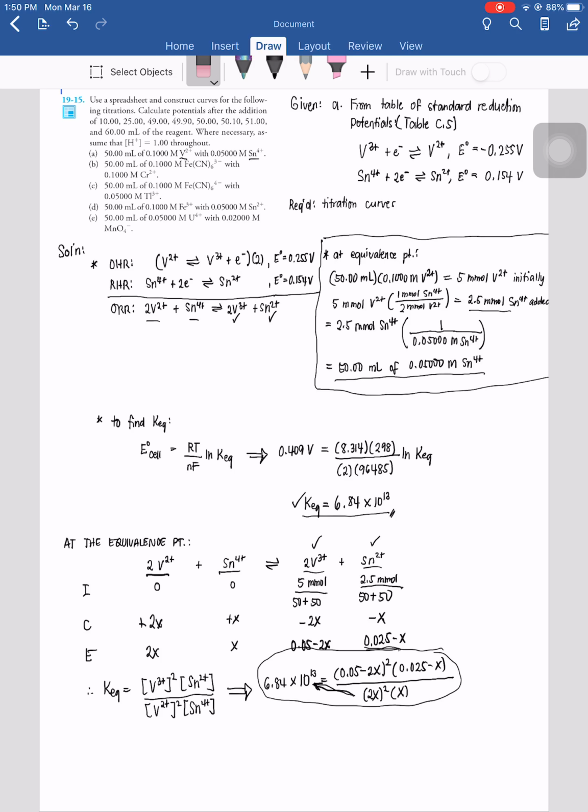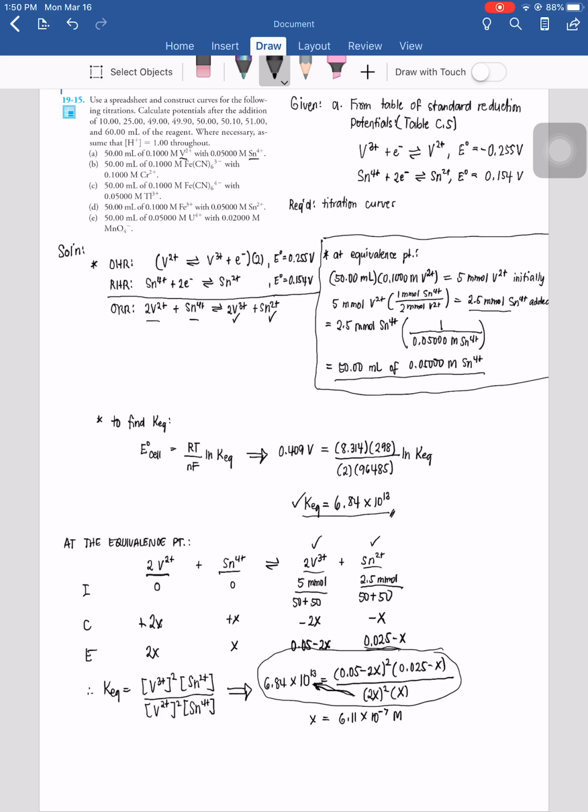Okay, so that's a more believable value that my calculator has given me. x is now equal to 6.11 times 10 to the negative 7 molar.